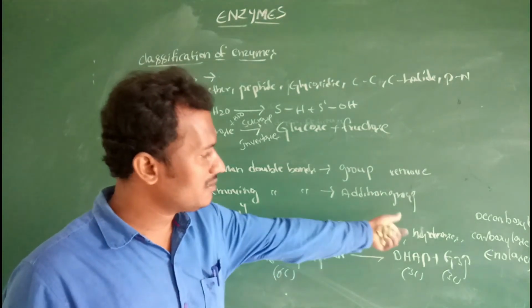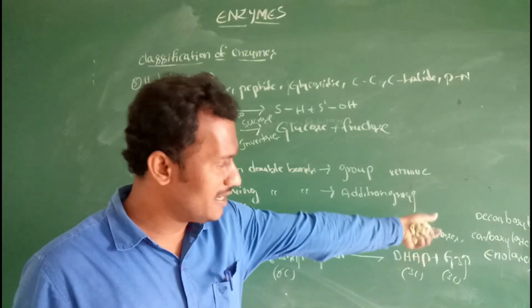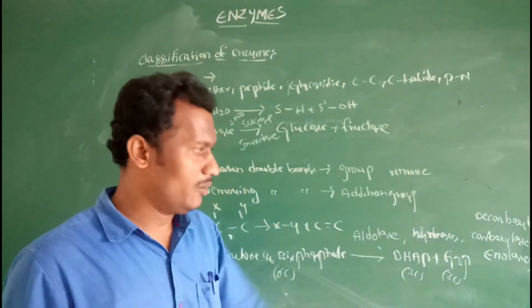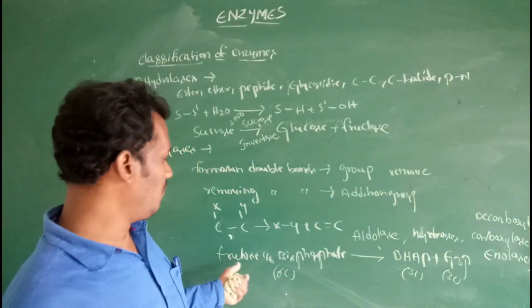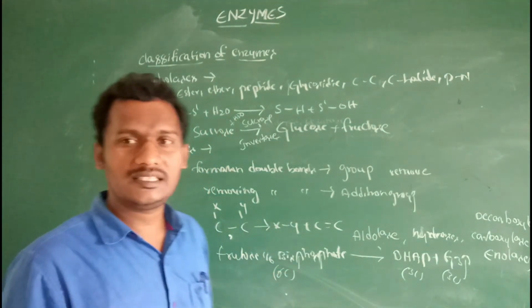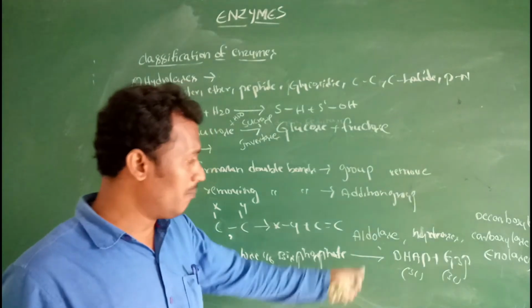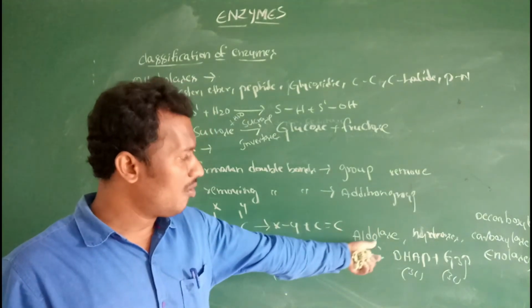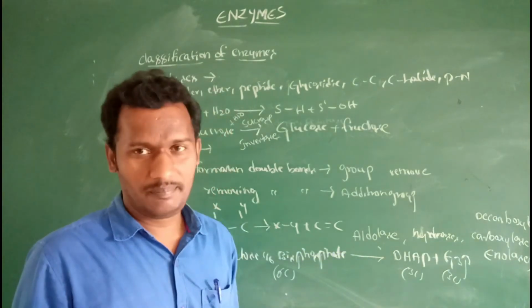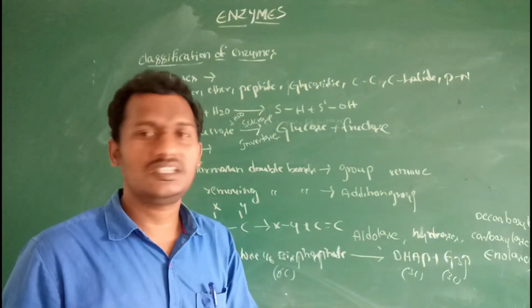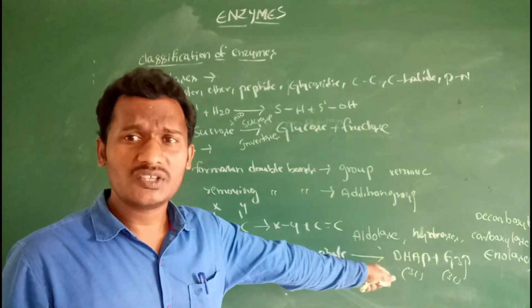Examples are aldolases, hydrases, carboxylase, decarboxylase and enolases, which remove water molecules. For example, fructose 1,6-bisphosphate is a 6-carbon ketose sugar which, by the catalytic activity of aldolase, is converted into 3-carbon compounds: DHAP, a ketose sugar, and G3P, an aldose sugar.